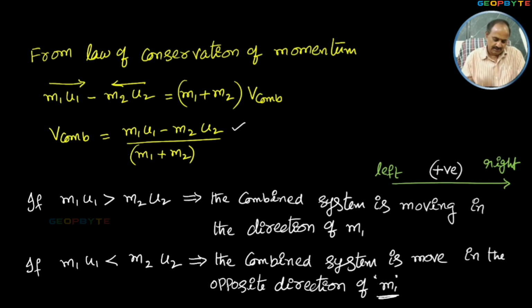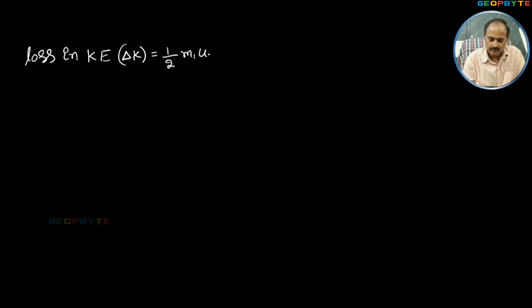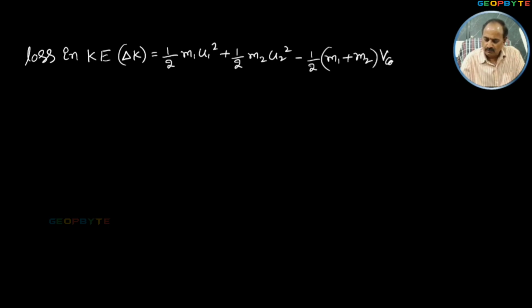Understood or not? Yes. Then let us decide the loss in kinetic energy. Loss in kinetic energy, delta K equals half m1 u1 square plus half m2 u2 square minus half into (m1 plus m2) into v combined whole square.